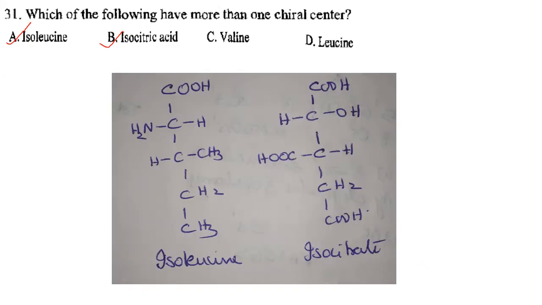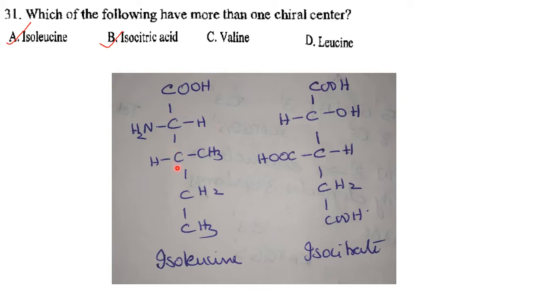Then next one, which of the following has more than one chiral center? So if you take the case of isoleucine, it has this one particular carbon atom to which different groups are attached.